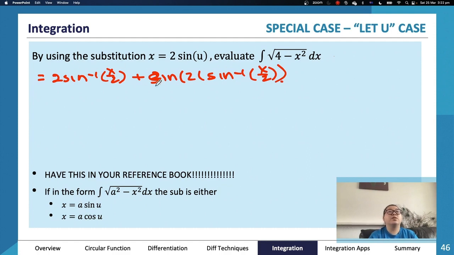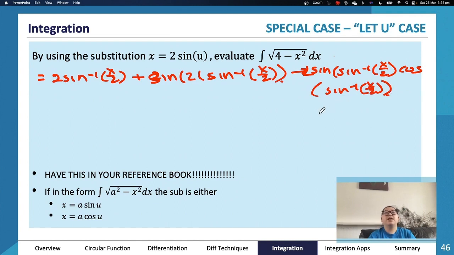Cool. Alright, so let's focus on this second segment right here, what the sine inverse x over 2 component equals. If we focus on what this is equivalent to, like we were talking about, it's 2 sine of sine inverse x over 2 times cos of sine inverse x over 2. Now we can apply our knowledge of what sine inverse x over 2 is.